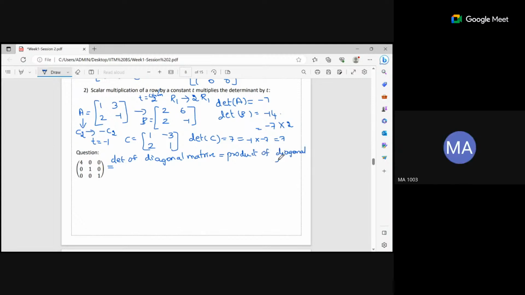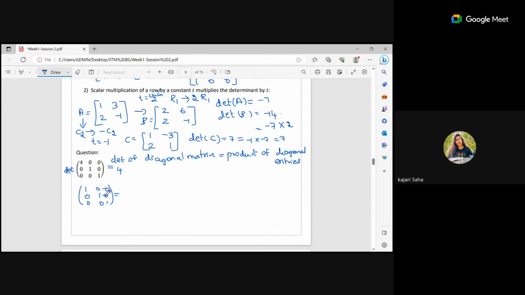So now what is the determinant of this matrix? 4. Okay. Now can you compare your 3 by 3 identity matrix with this matrix?